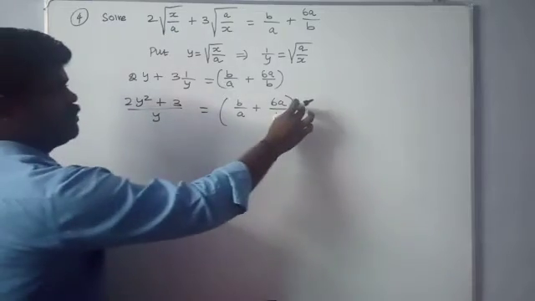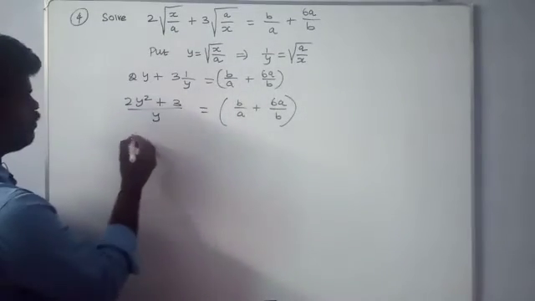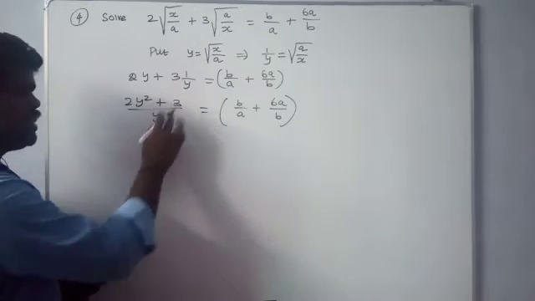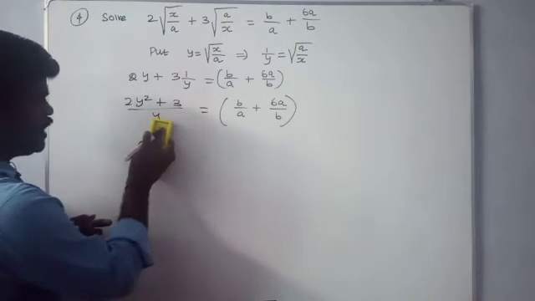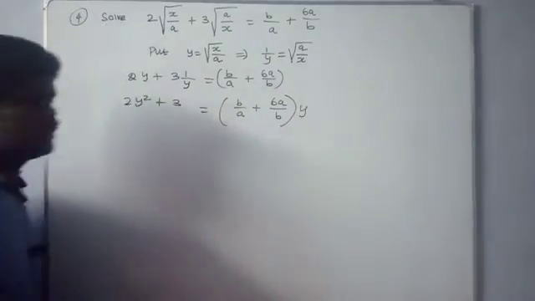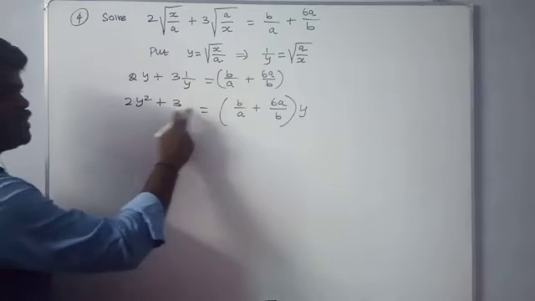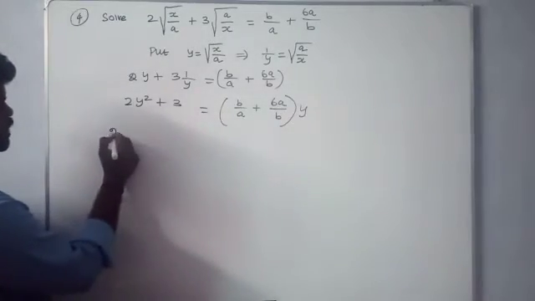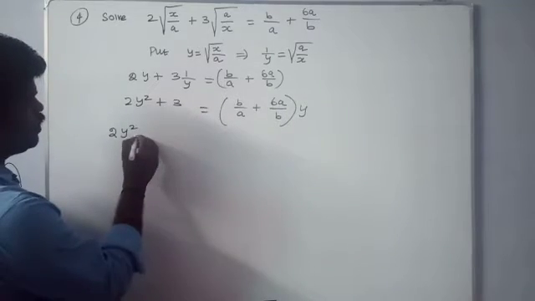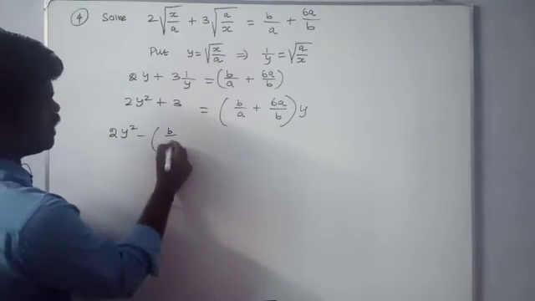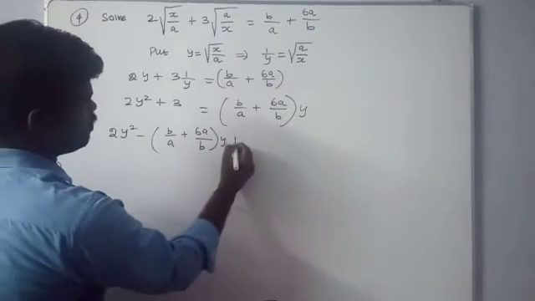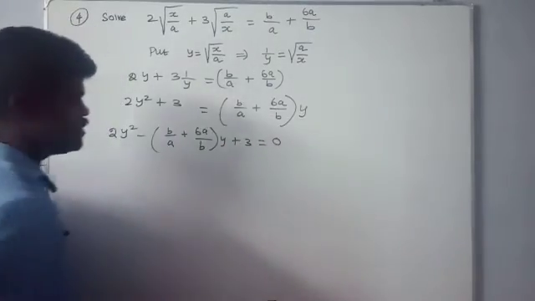Now we want to multiply this y here. So 2y squared plus 3 is there, and we multiply y to here. 2y square plus 3 is equal to this one, and we take this term to that side. 2y square minus b by a plus 6a by b into y plus 3 is equal to 0.